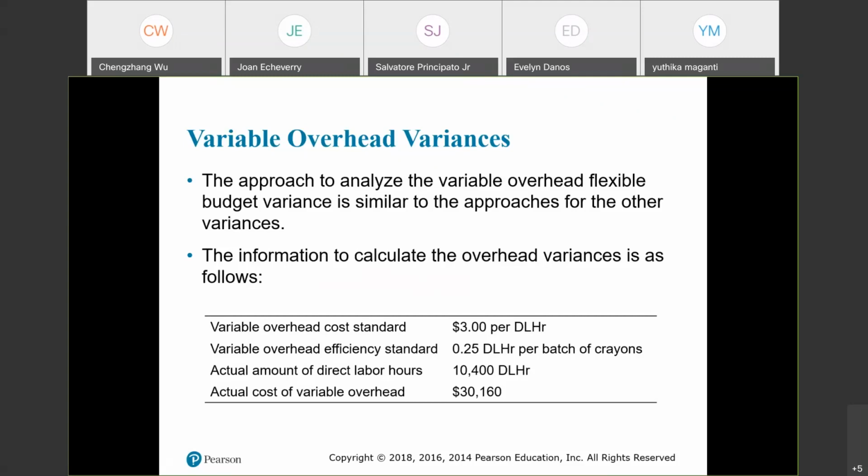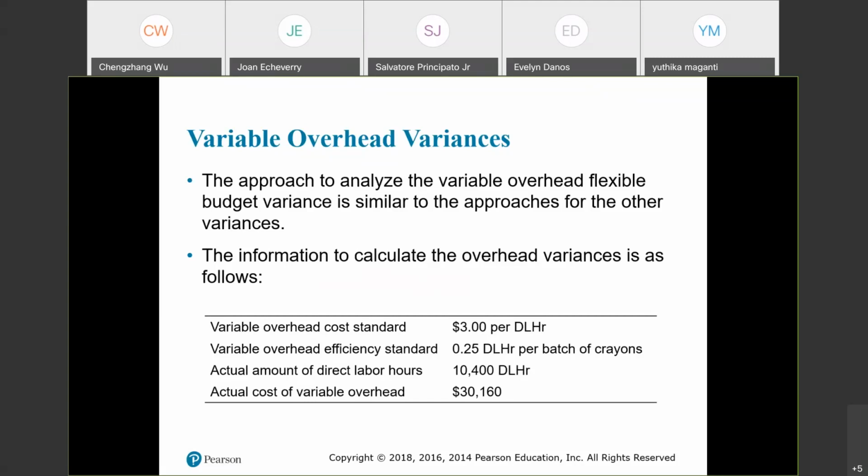So here is the information to calculate the overhead variance. We know the variable overhead cost standard is $3 per direct labor hour. Variable overhead efficiency standard is 25 cents direct labor hour per batch of grants. Actual amount of direct labor hours is 10,400 direct labor hours.